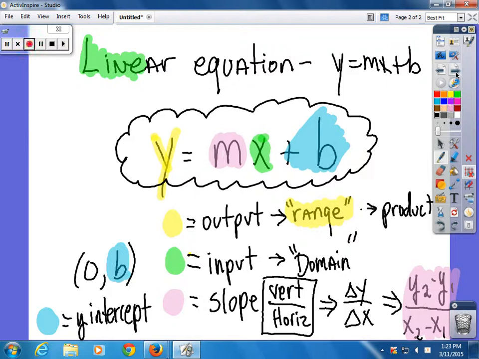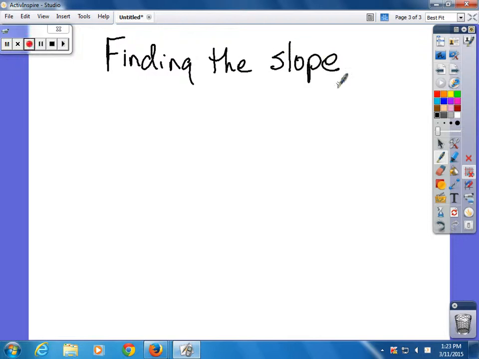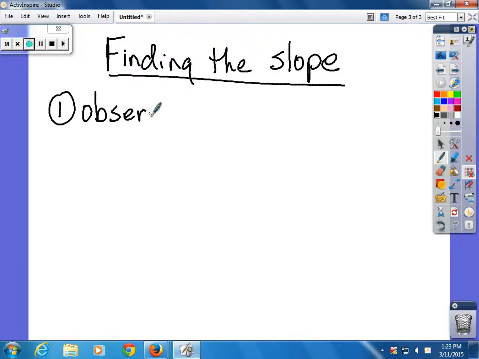The first one, we're going to title this page. Let's title it "Finding the Slope." First way. Observing via graph.